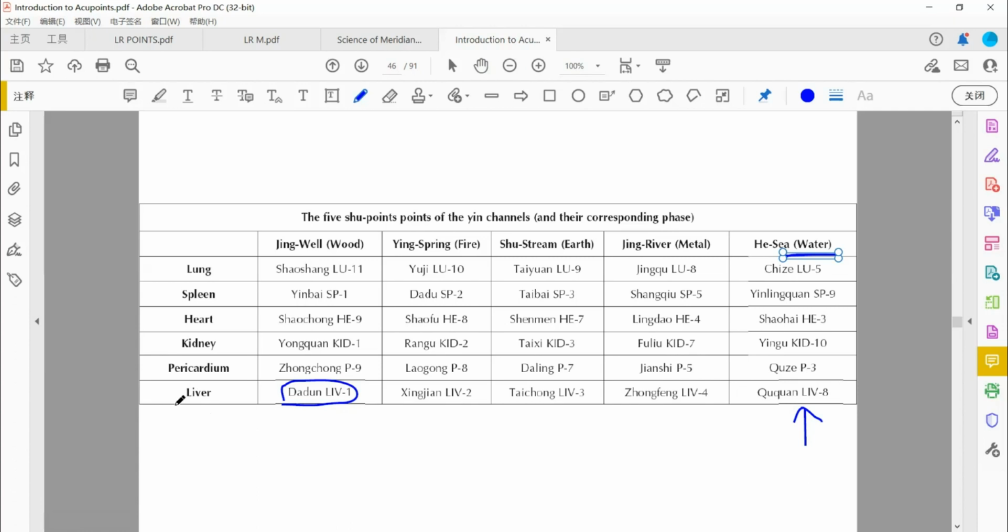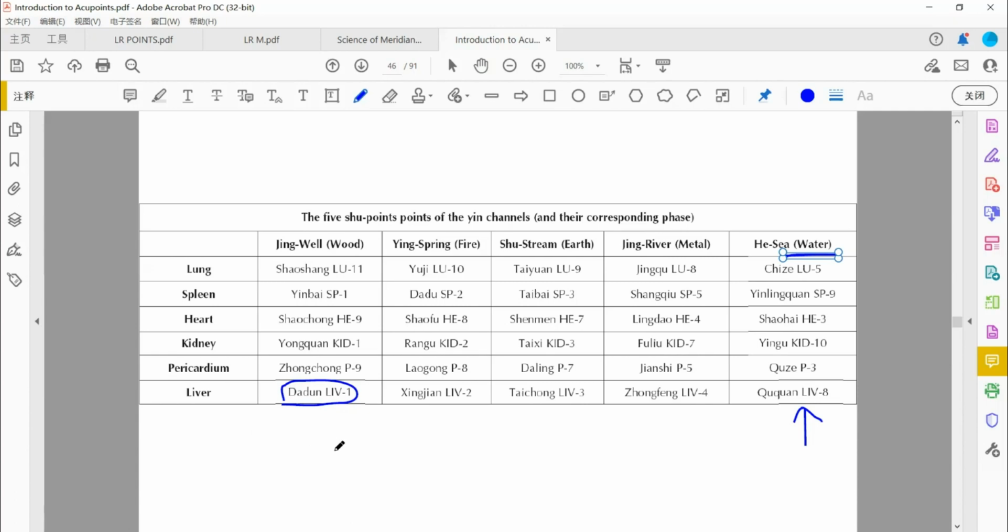And if there's excess, like too much liver fire, this patient is easily angry, easily mad. Probably this patient has strong liver fire. That's an excessive syndrome, too much pathogens, too much heat in the body.